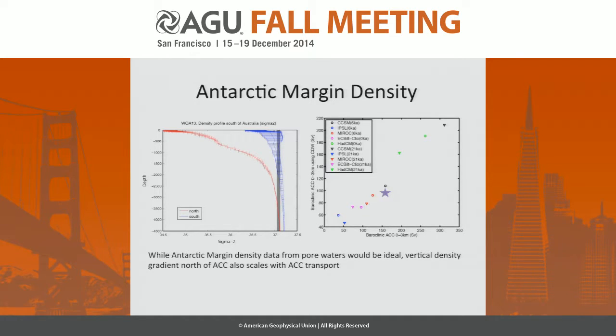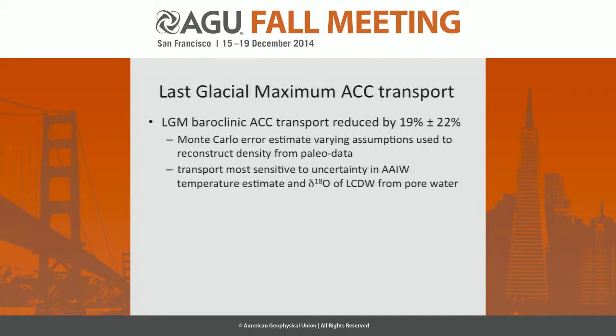And the relationship is not nearly so beautiful as those that I've shown you before, but we still basically get a positive correlation, which is good. So we think we can say something using these lower circumpolar deep water values to estimate what the density might be like on the Antarctic margin.